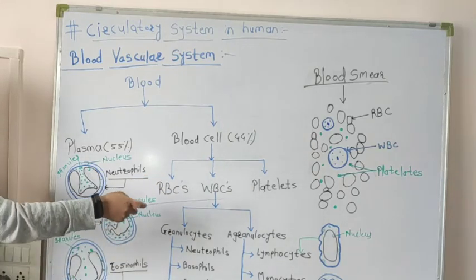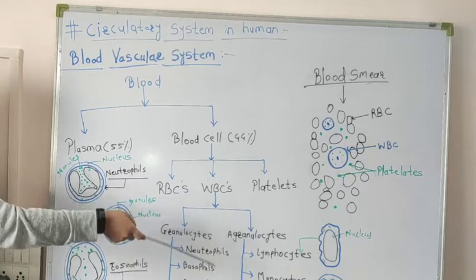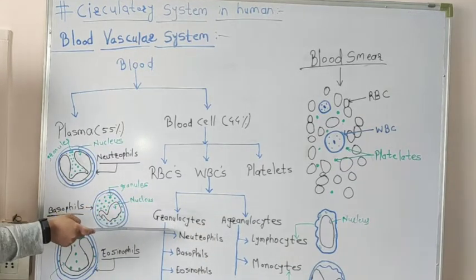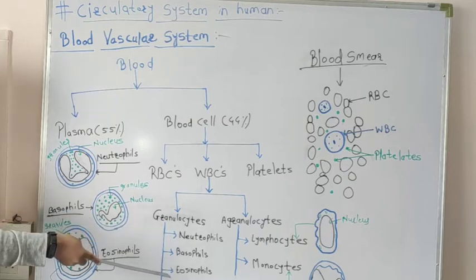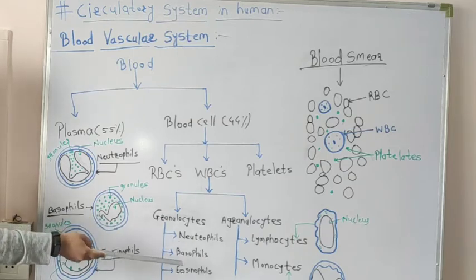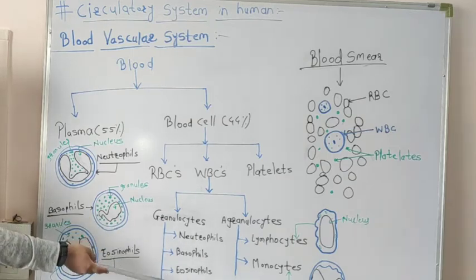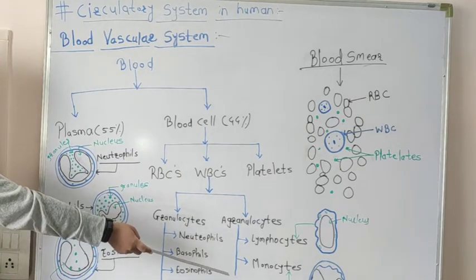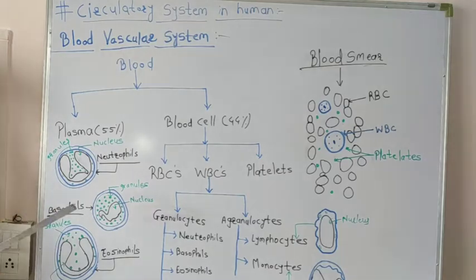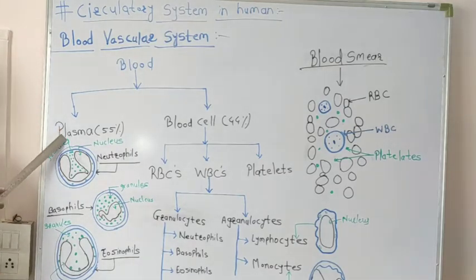And again this WBC gets divided into granulocytes and agranulocytes. These granulocytes get divided into neutrophils, basophils and eosinophils, and these agranulocytes get divided into lymphocytes and monocytes. But first of all we will see the plasma, and after that we will go to the blood cells.